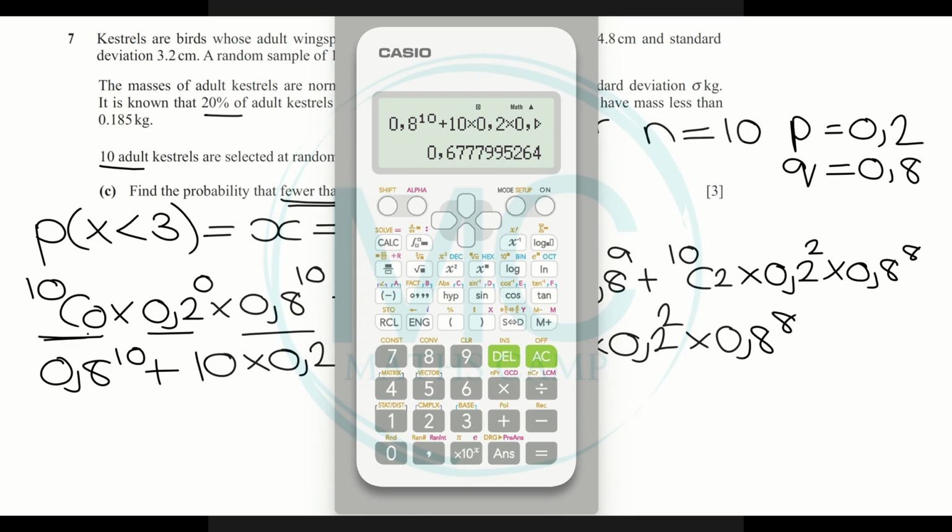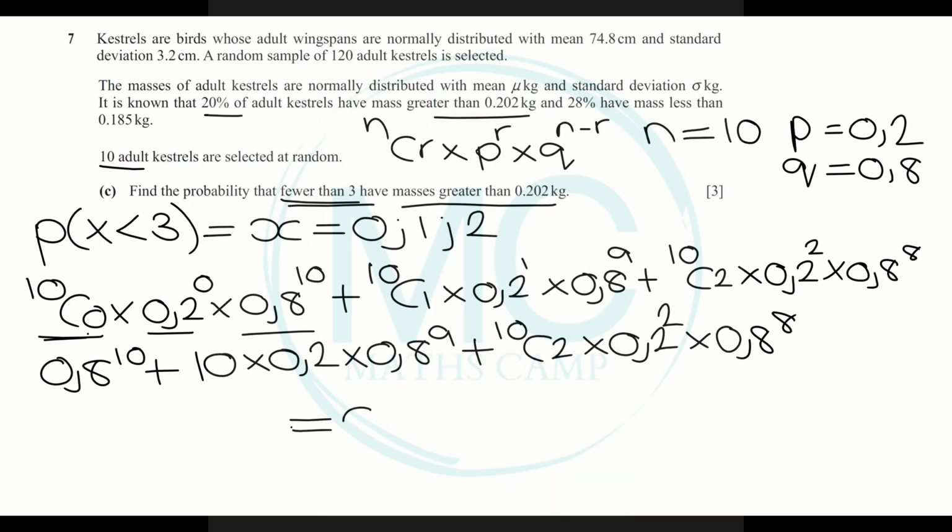Round off to 3 significant figures, and I get an answer of 0,678.